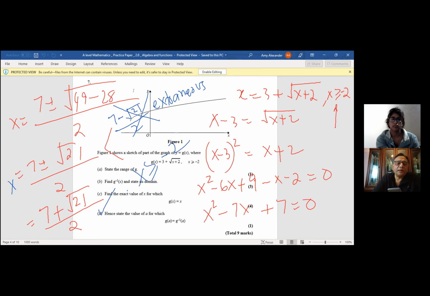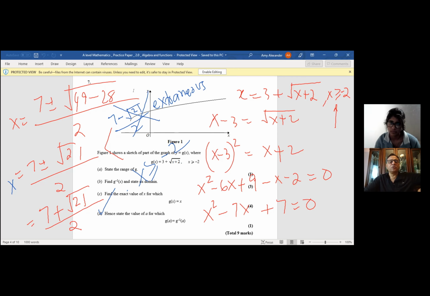Hence, state the value of a for which this is equal to this. It can't be both because of the way it's worded. It says exact value. Yes, exact value is correct, but x value, can you plug in?